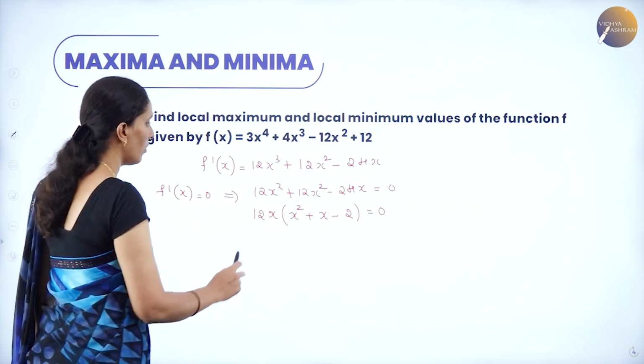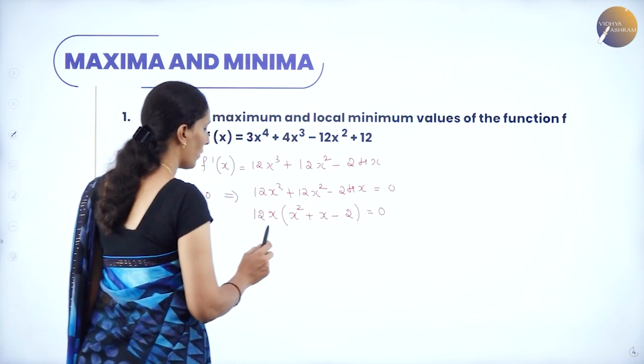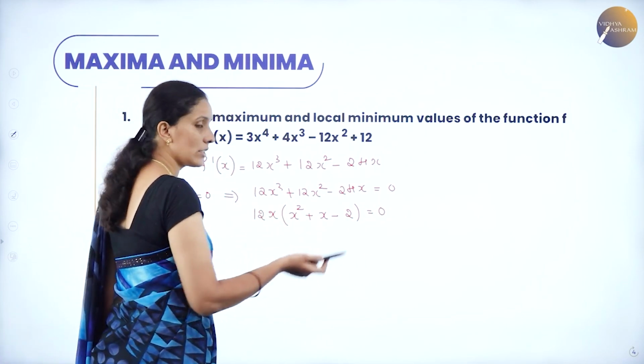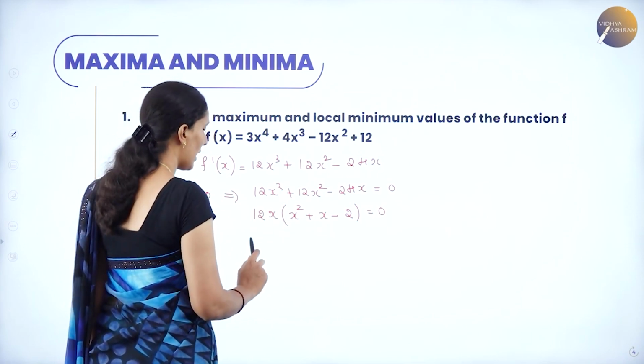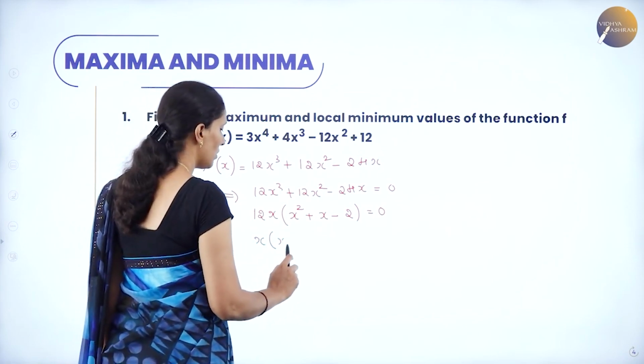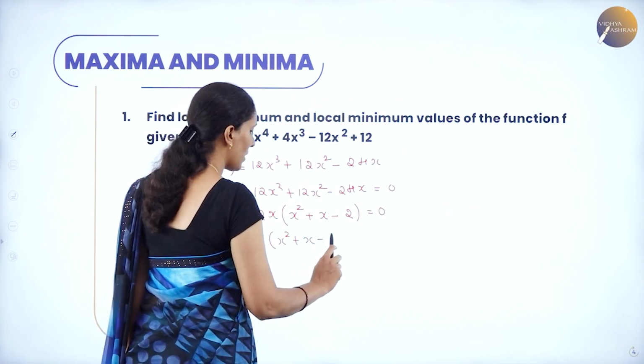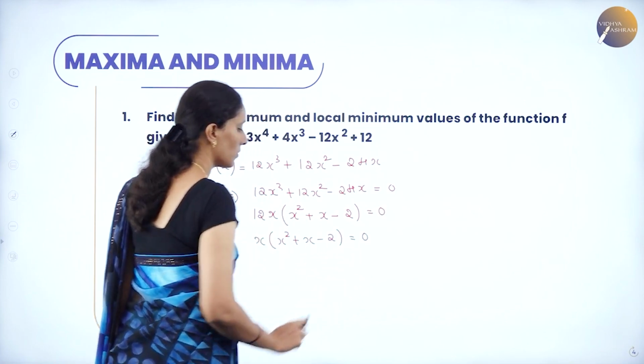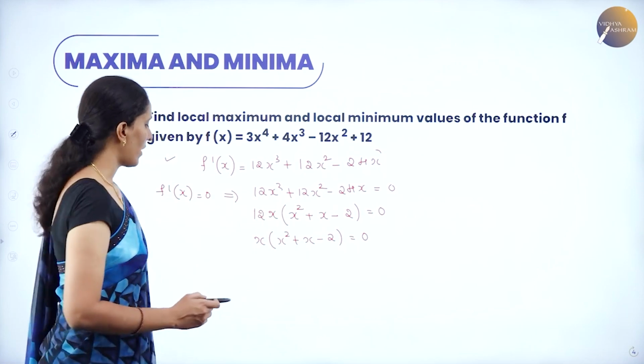Since 12 cannot be equal to 0, I can equate x into x square plus x minus 2 to 0. Now, let us solve this quadratic equation.